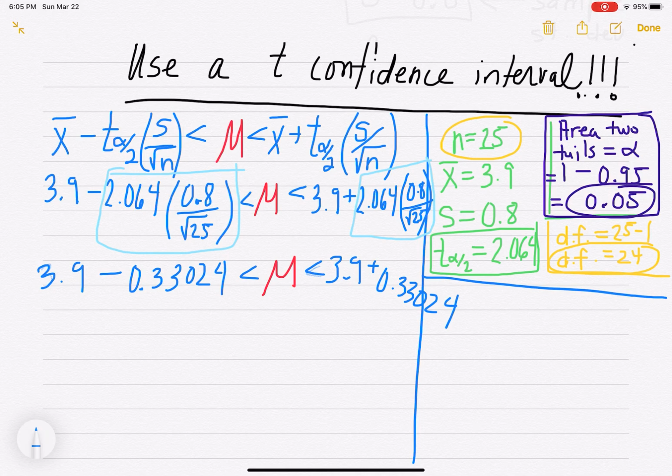All right, so I've calculated what's in the little baby blue box. It's 0.33024. We're subtracting it on the left. We're adding it on the right. So on the left, we take 3.9 minus 0.33024, and we get about, let's round it to, 3.57.